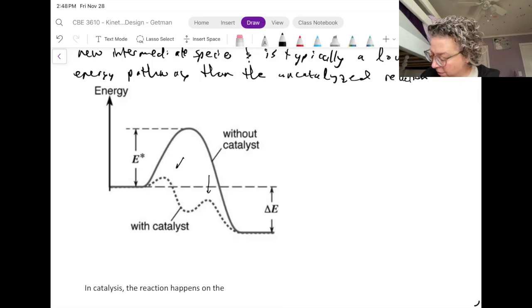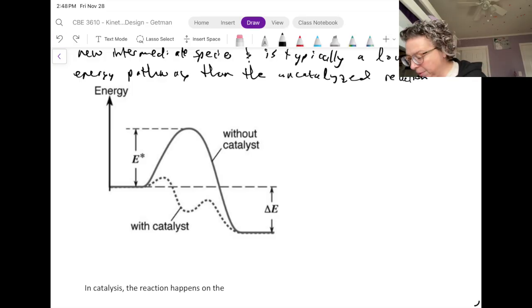However, both of those activation barriers are lower than the barrier in the absence of the catalyst. In the presence of a catalyst, new intermediate species are forming and involved in at least two reactions, but the reactions happen at a lower activation energy than the pathway without the catalyst.